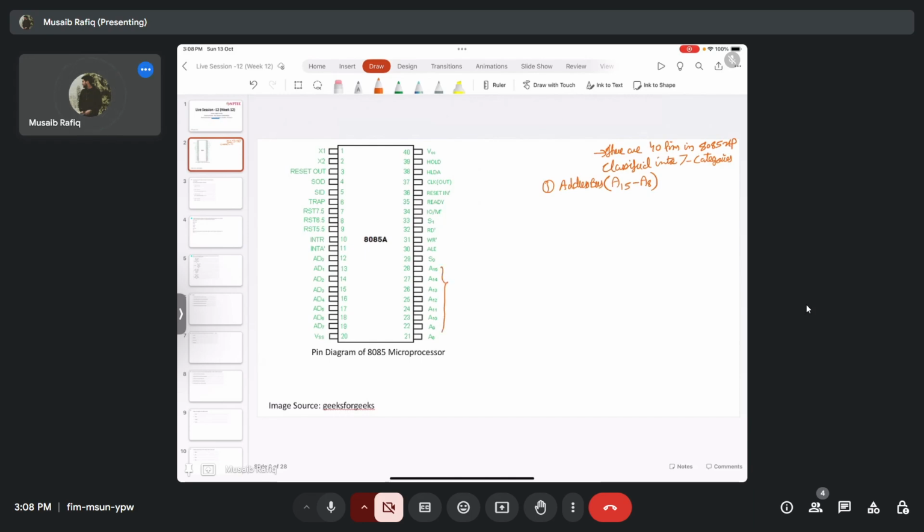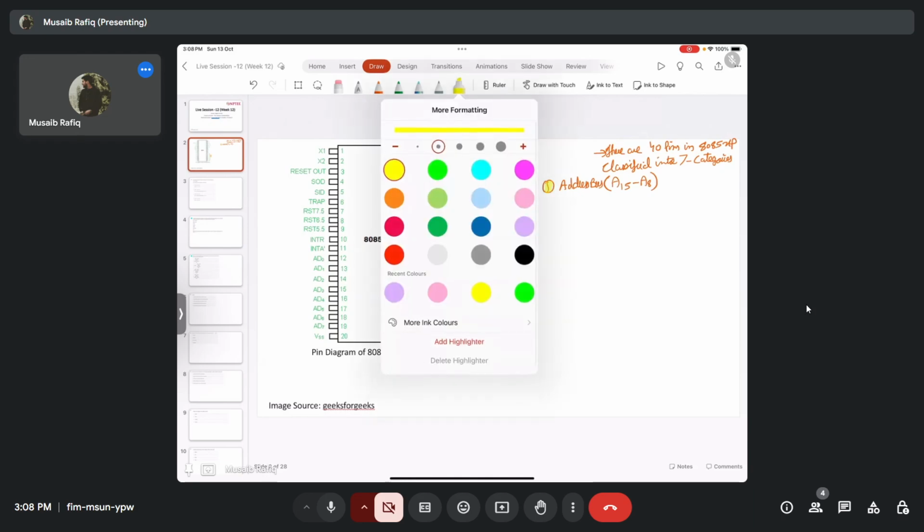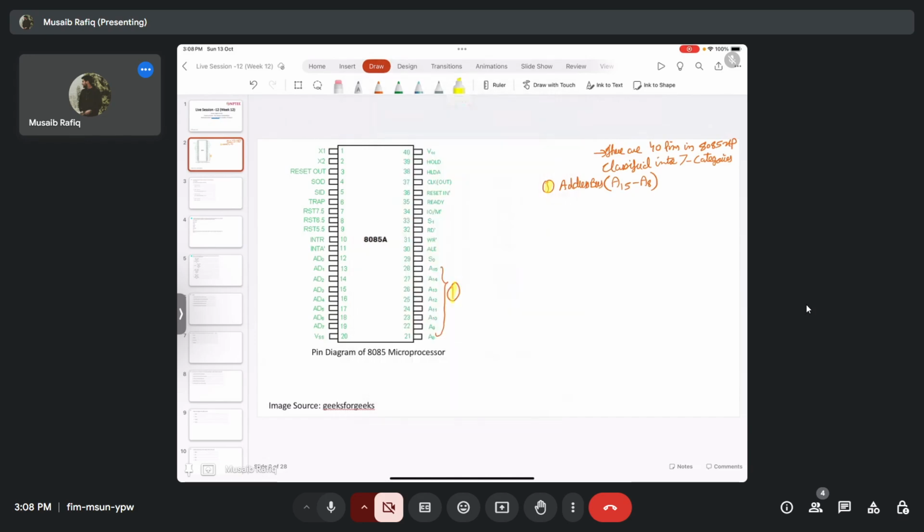These are your address bus. It contains the most significant 8 bits of the memory or input output address.